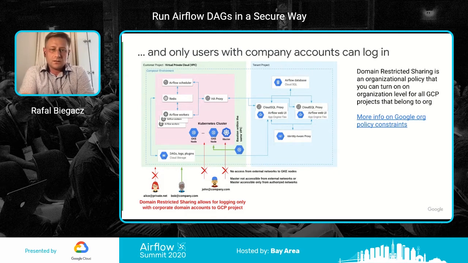On the other hand, people without a legitimate company account won't be able to log into your GCP project. In general, this organizational policy helps you to fight any misconfigurations in Cloud IAM that you might have.